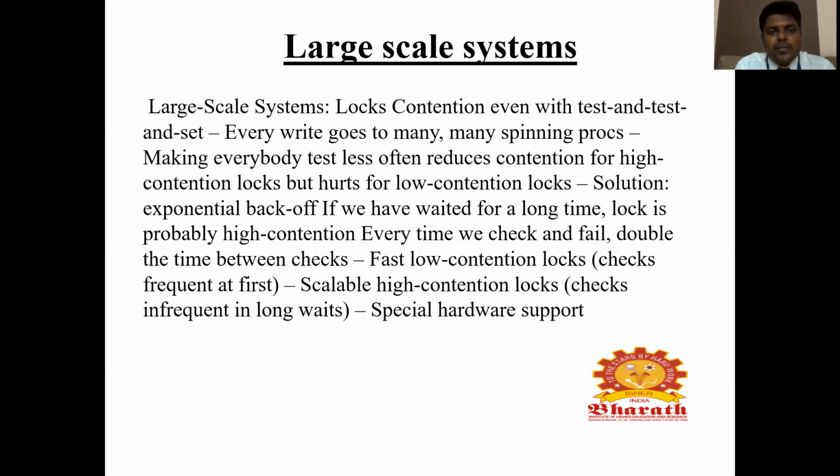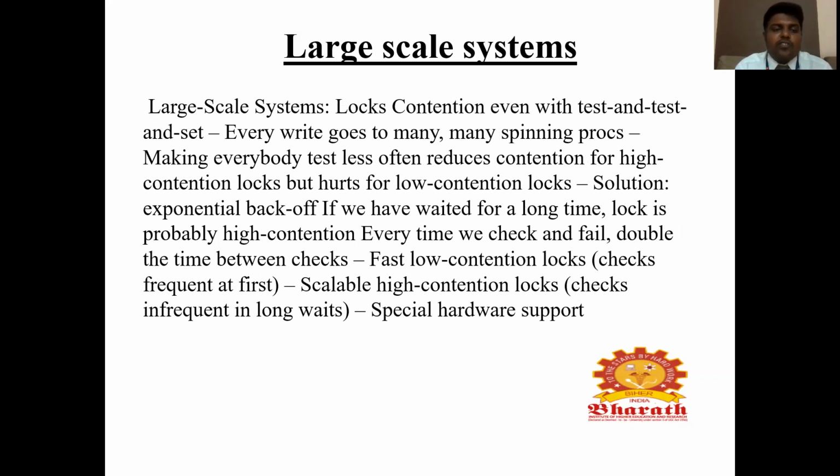In large-scale systems, there is lock contention even with test-and-set. Every write goes to many spinning processors. Making everybody test less often reduces contention for high-contention locks, but it adds delay for low-contention locks.